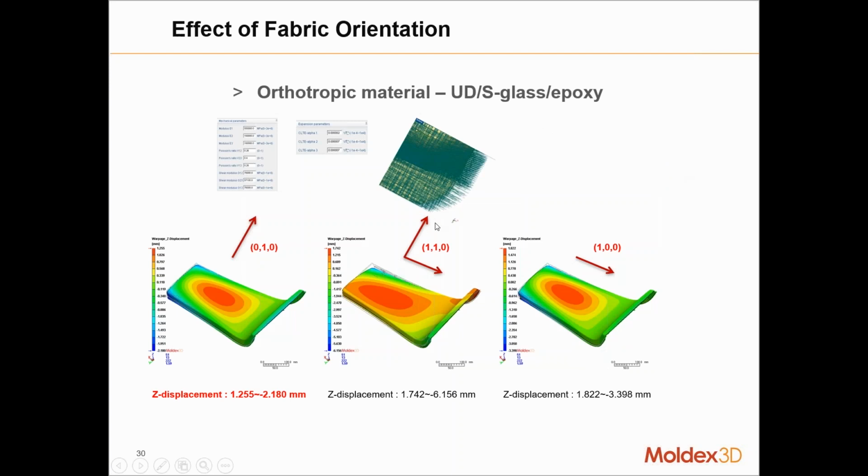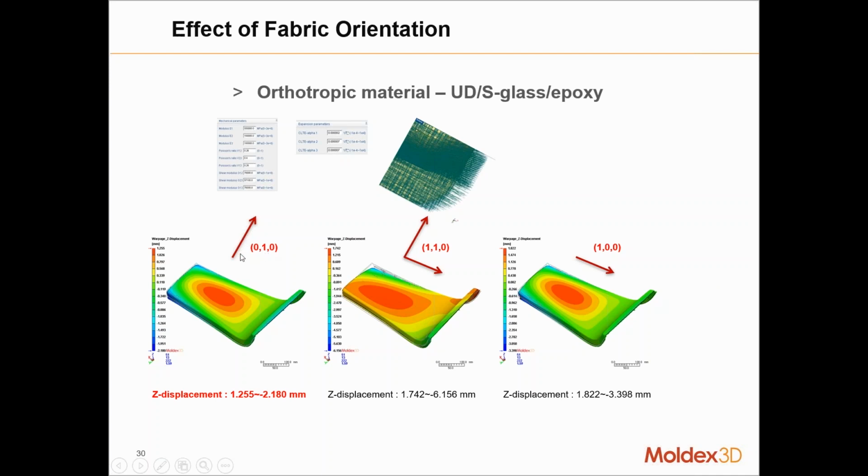All right, and depending on how the fiber is laid down in the initial stage, can affect results such as your warpage. So this one, we're looking at the Z direction.